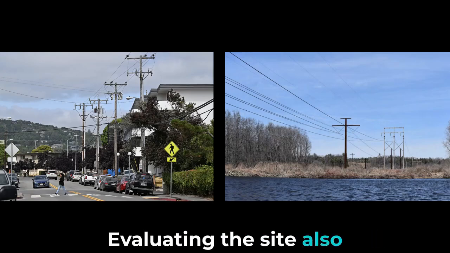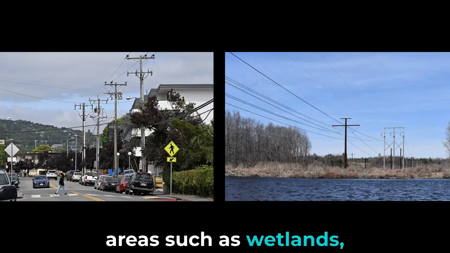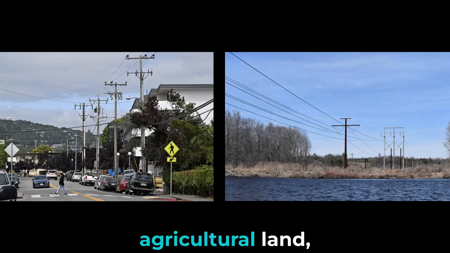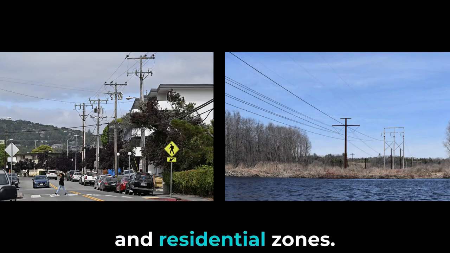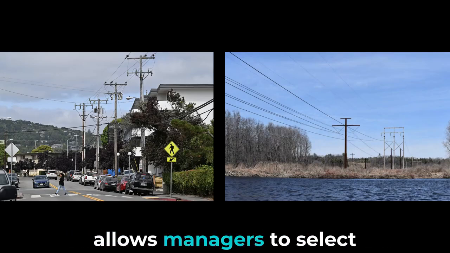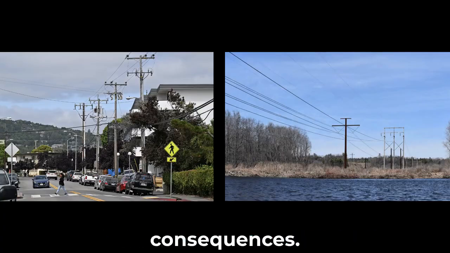Evaluating the site also includes identifying sensitive areas such as wetlands, waterways, wildlife habitats, agricultural land, and residential zones. Understanding these conditions allows managers to select methods that are effective while minimizing unintended consequences.